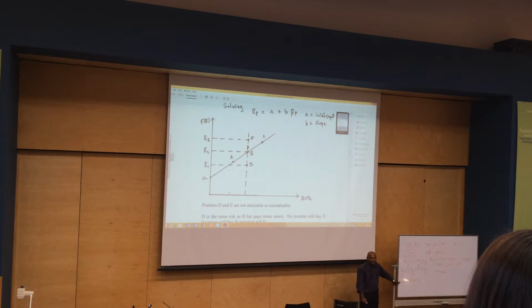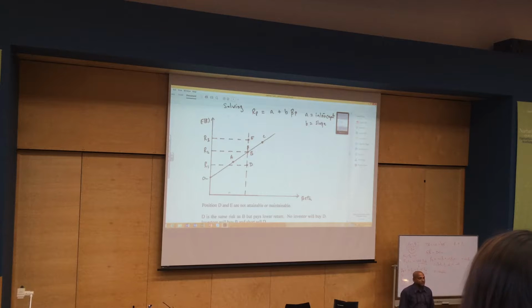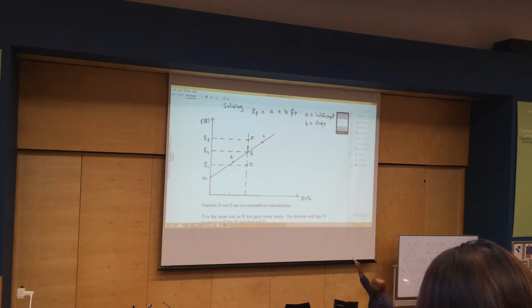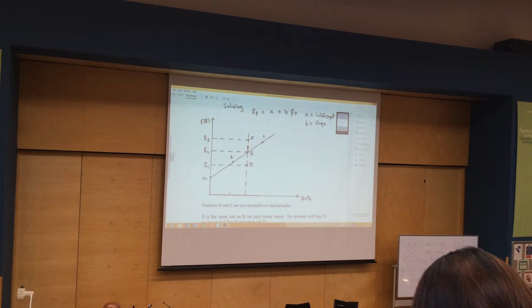This equation over there is that line, and it is now about systematic risk. There is no more standard deviation there. There is no more variance. It's down to beta. There is no total risk on the horizontal axis.